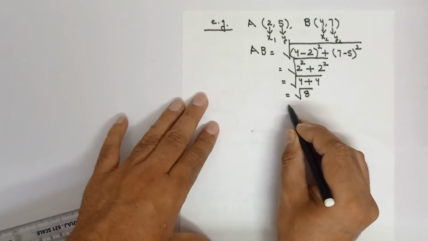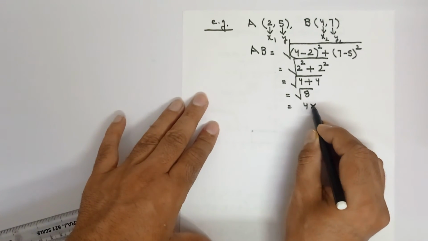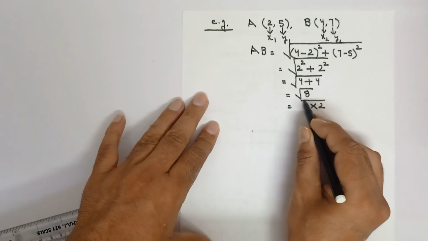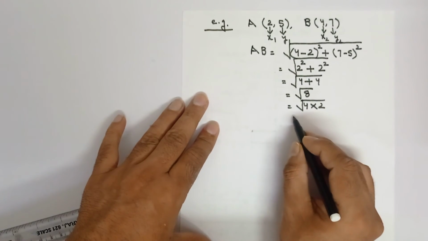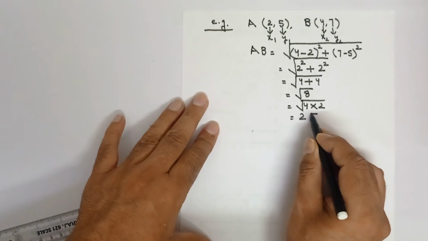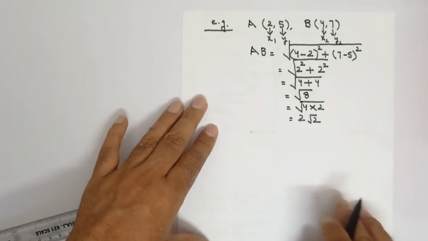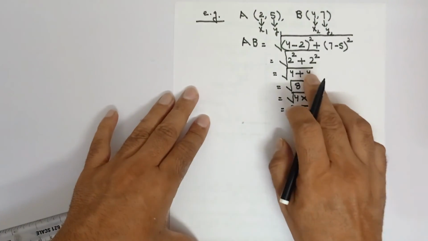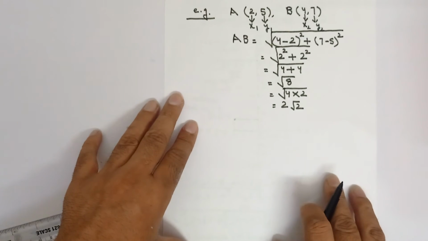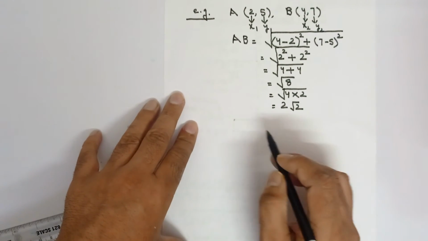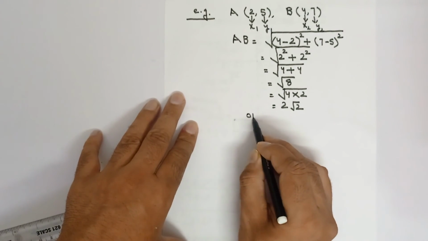You may further write it as root of 4 into 2, and the square root of 4 is 2, so we can write it as 2 root 2. We have applied (x2 minus x1) whole square plus (y2 minus y1) whole square.